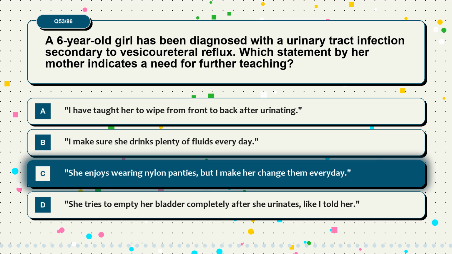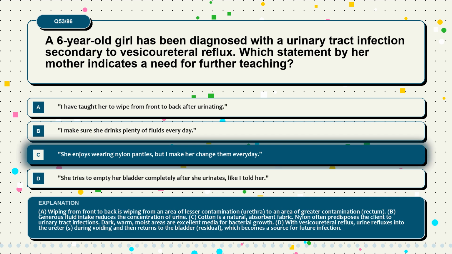The correct answer is option C. She enjoys wearing nylon panties, but I make her change them every day. A. Wiping from front to back is wiping from an area of lesser contamination, the urethra, to an area of greater contamination, the rectum. B. Generous fluid intake reduces the concentration of urine.